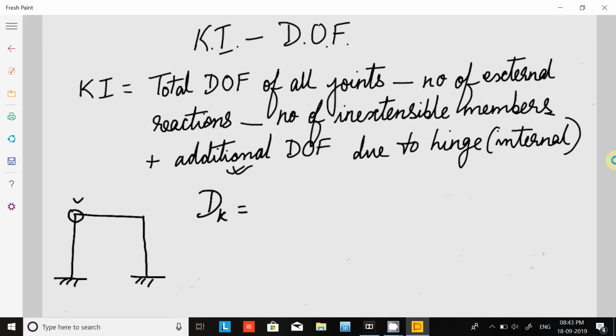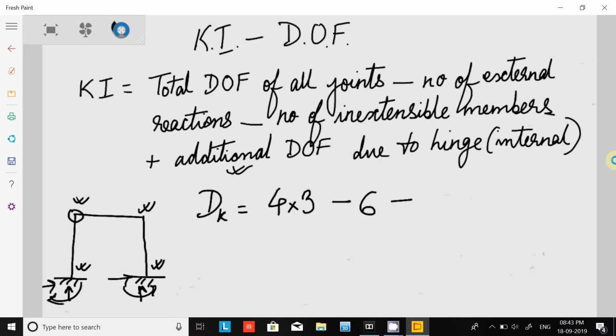How many joints are there? 1, 2, 3, 4. So 4 joints, each joint has 3 degrees of freedom, minus number of external reactions. How many? 1, 2, 3, 4, 5, 6. So 6 external reactions, minus, nothing is mentioned about inextensible members, so 0, plus additional degree of freedom due to hinge. How much will this be? This is a 2D frame, so it will be m minus 1 because it is in a joint.